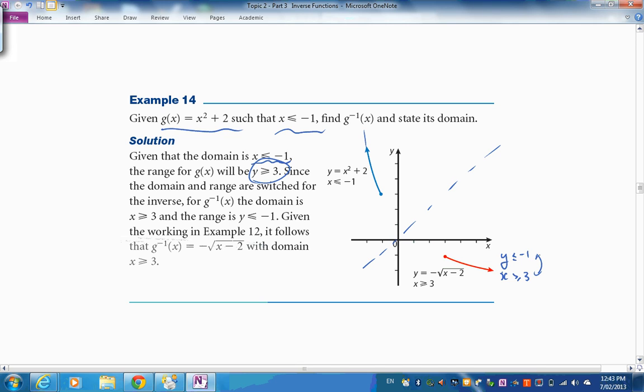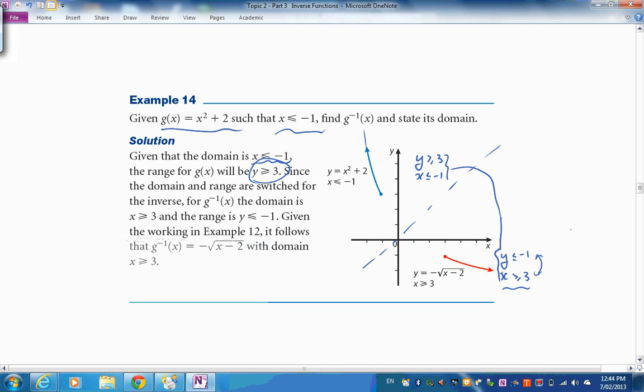So they switch. Up here, y is greater than or equal to 3, that's a range, and x is less than or equal to -1. Down here, the pair become: y greater than or equal to 3 now becomes x greater than or equal to 3, and x less than or equal to -1 becomes y less than or equal to -1.